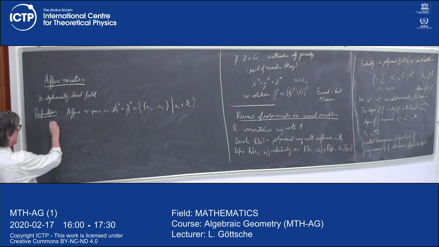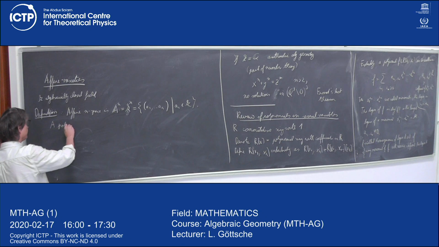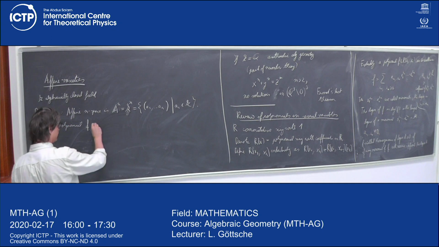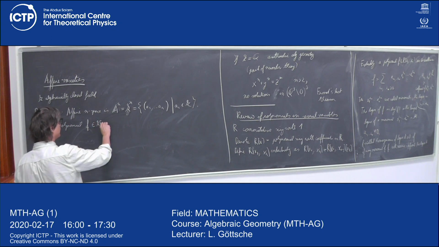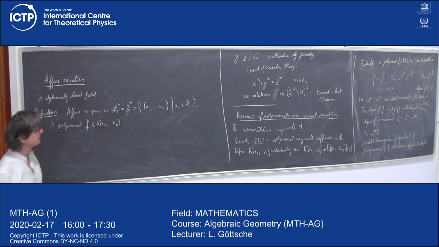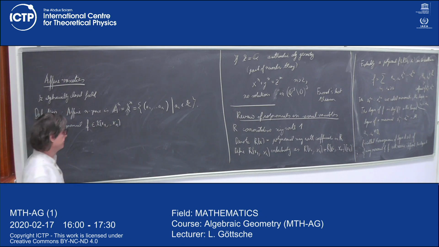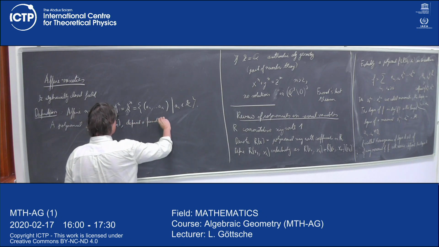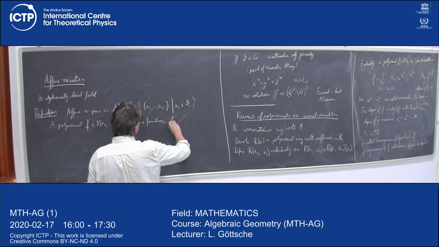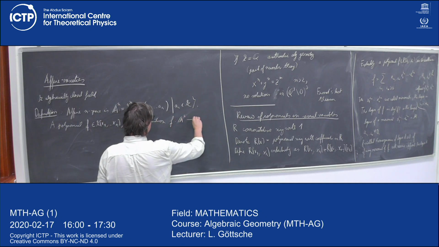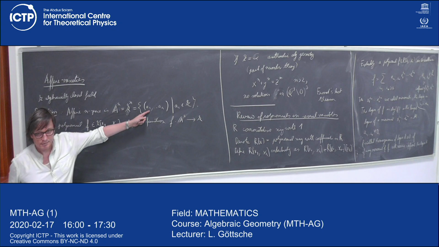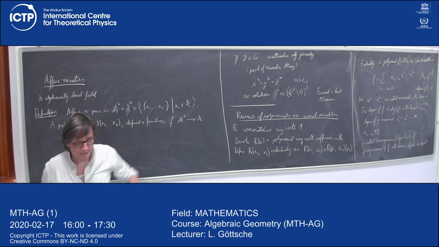A polynomial f in variables, so in k[x1,...,xn], defines a function from k^n to k, which I give the same name, f from A^n to k, in the obvious way: we just replace the variables by the coordinates and do the operations.